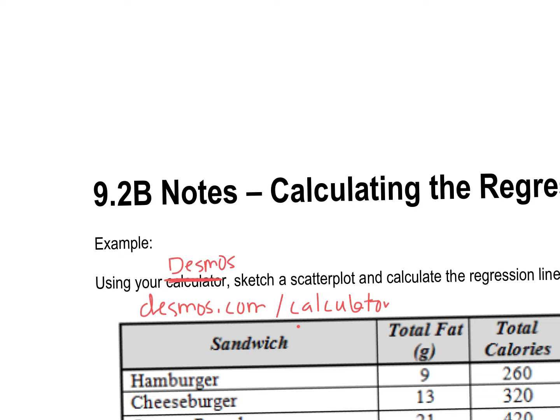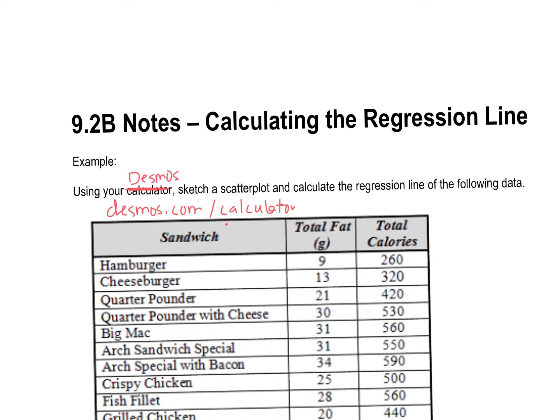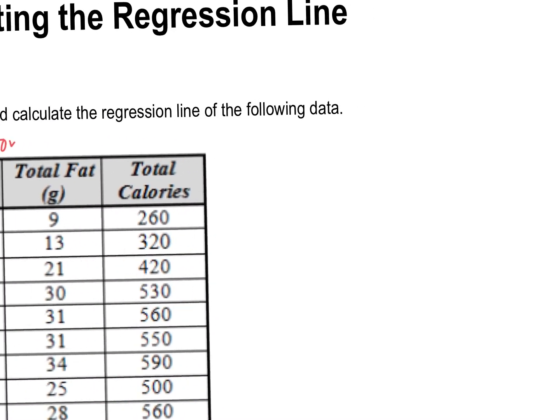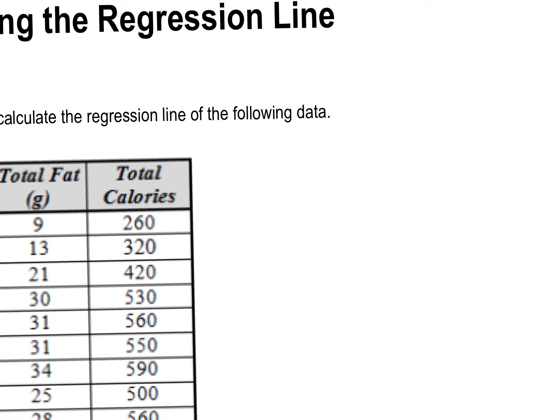Now, the reason I'm having you use this instead is because it's so much easier. There are only 3 steps, and I'm going to list them over here on the right. The first step, when you want Desmos to calculate your line of best fit equation or regression line equation, is to add a table.